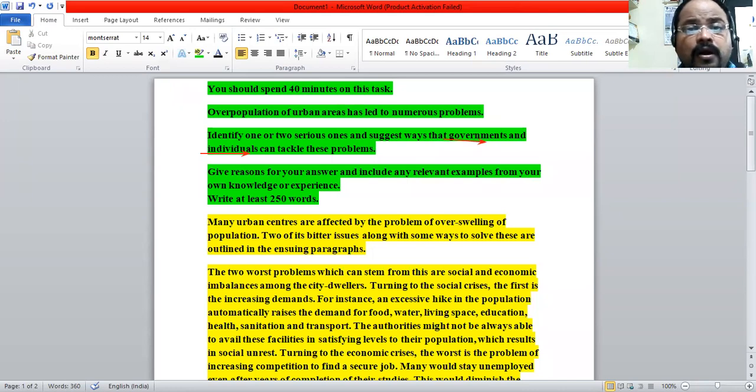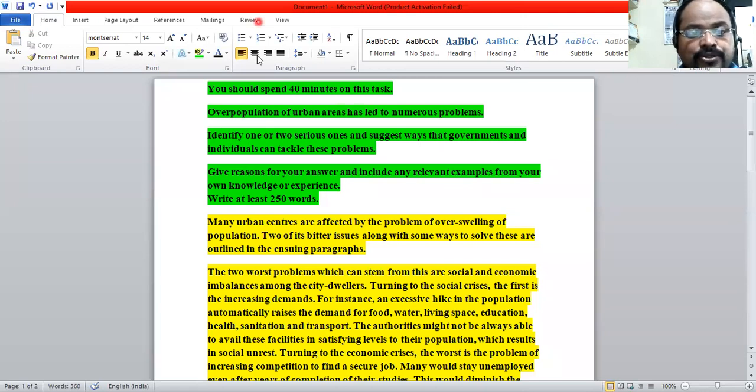Now, once we have identified this particular question, so we have identified the topic. This is the topic, overpopulation in cities has led to numerous problems.